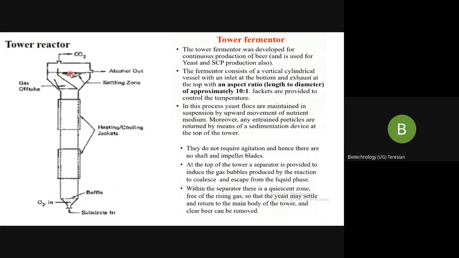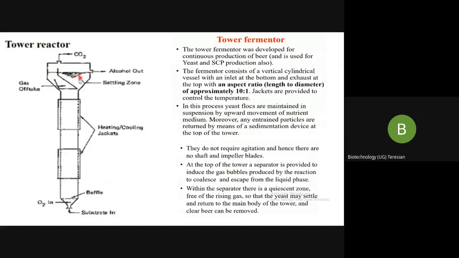Wort means the substrate, whatever you're using. When that substrate is mashed, the liquid you get is called wort. The purpose of this multi-stage fermenter is to provide a flow of process with the help of gravity.